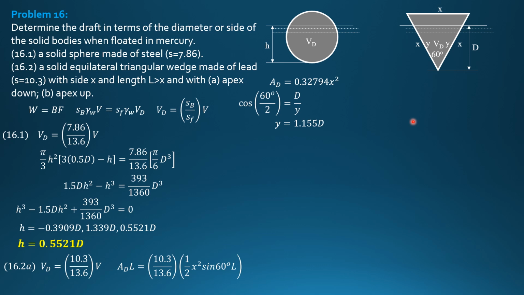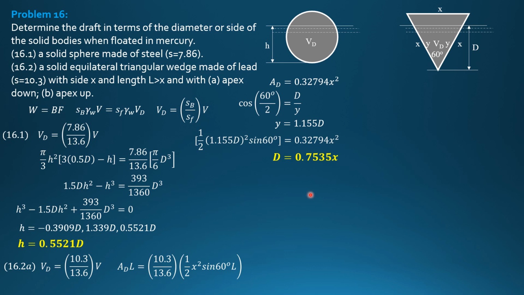Then the area displaced is 1/2 y squared sine 60, 1/2 times quantity 1.155d squared times sine 60 degrees, equals 0.32794x squared. From here, we can solve: 0.32794 x squared times 2 divided by quantity 1.155 squared sine 60, and extract the square root. So d is 0.7535 of x.